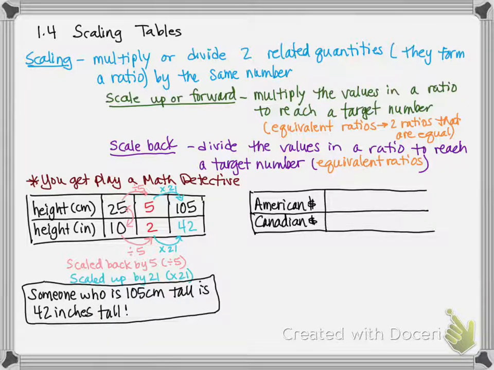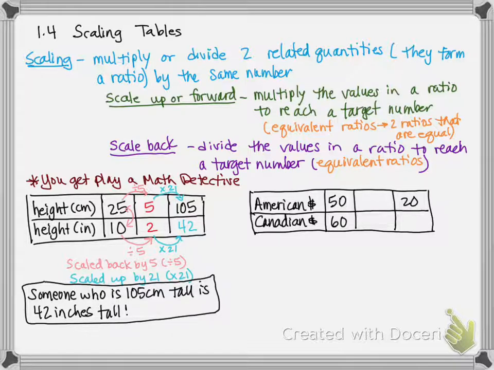So we're told if I have 50 American dollars, that's the same as saying 60 Canadian dollars. So the question becomes, how many Canadian dollars would 20 American dollars be worth?